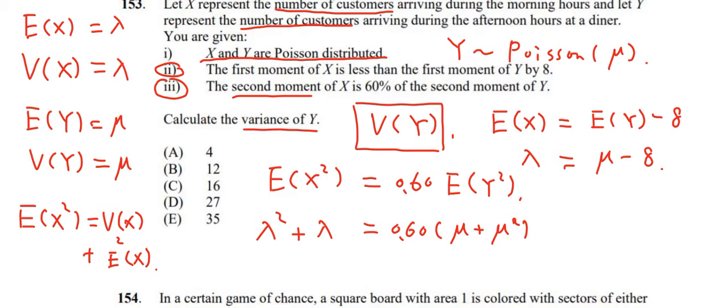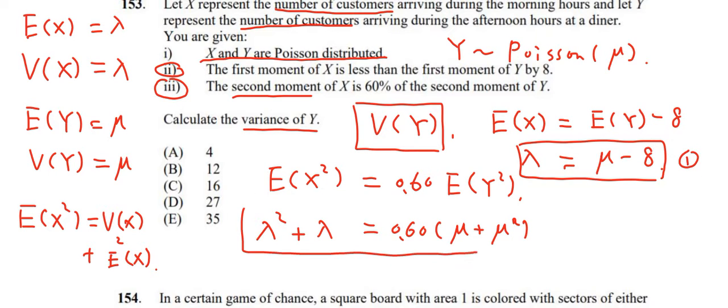Okay. So we have two equations, equation 1 and equation 2. We can solve for lambda and mu, right? Here we just focus on mu, so we replace lambda by mu. Finally we get an equation about mu, and then solve this equation.